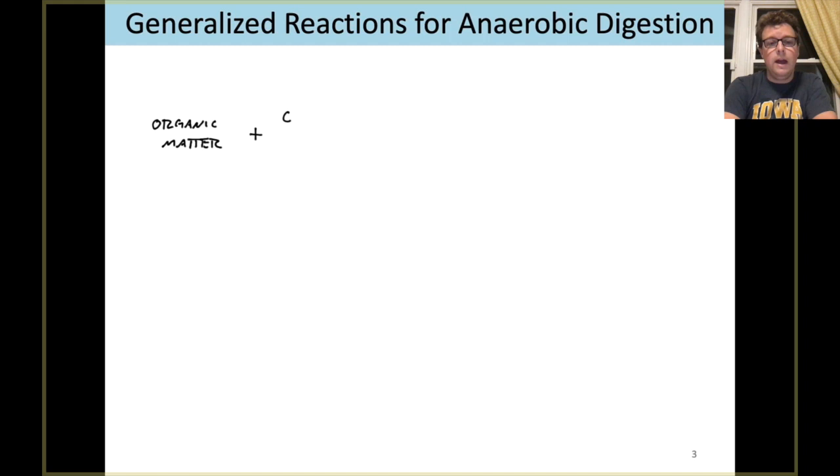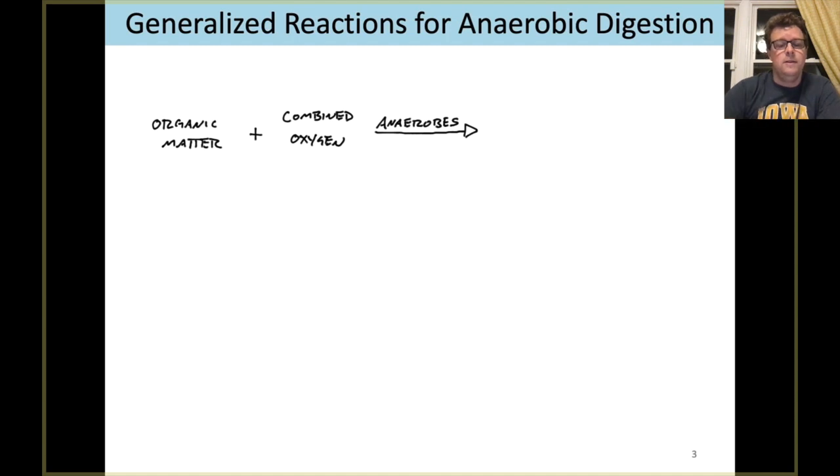So what are we actually up to here? We won't get into much specifics of the biogeochemistry that's taking place here. For our purposes, it's enough to know that we're going to take organic matter and some small amount of oxygen that's combined with other constituents as we go into this digester. We're keeping it anaerobic, so we're not supplying oxygen, we're starving it.